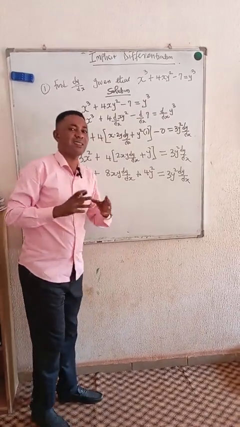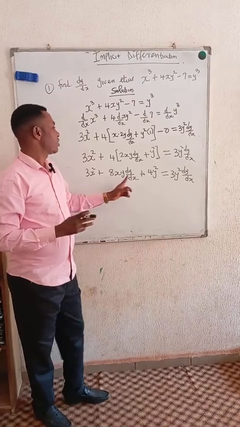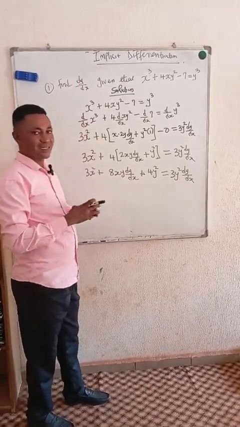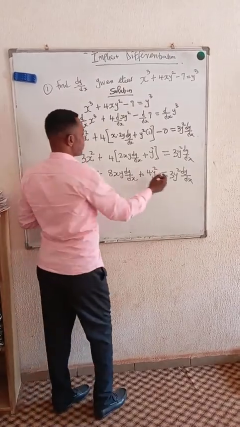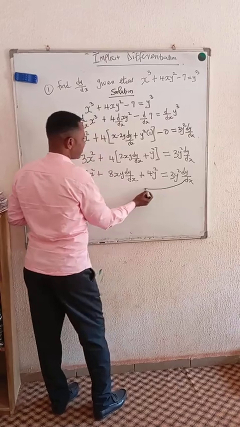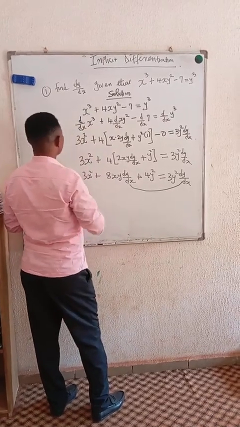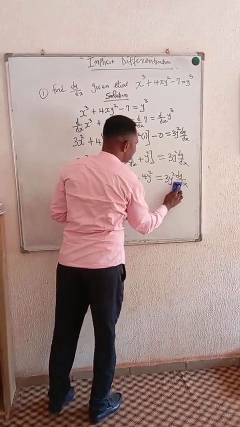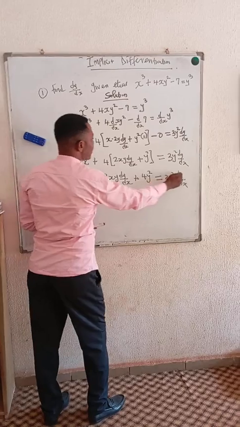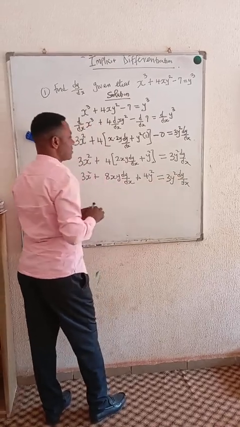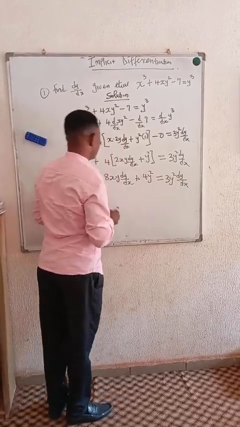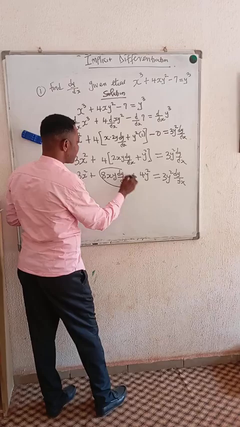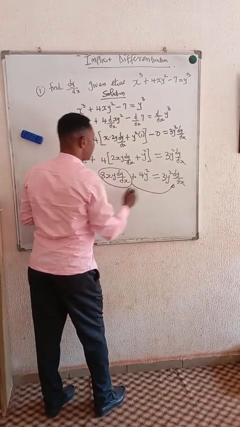Now, what are we going to be doing? We collect like terms. We check very well. We have dy/dx here, we have dy/dx there, so there are like terms. Let's maintain 3y squared dy/dx on the right hand side position while we take this one to the right.